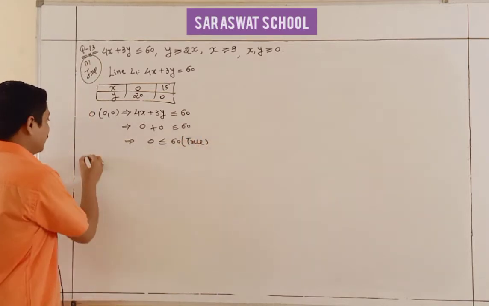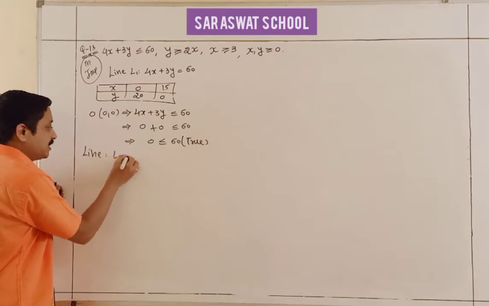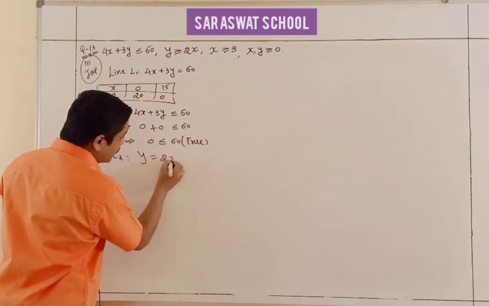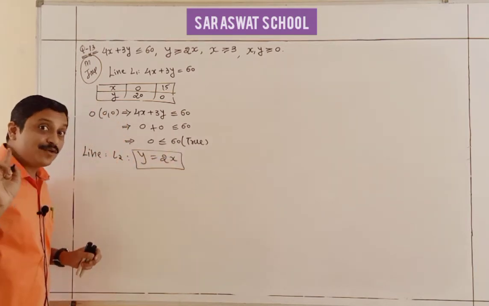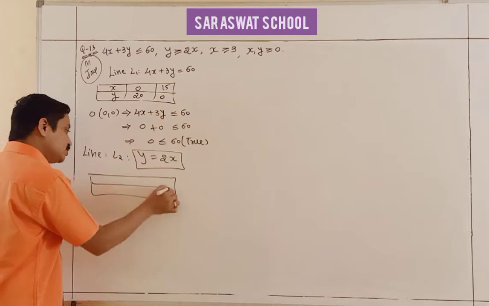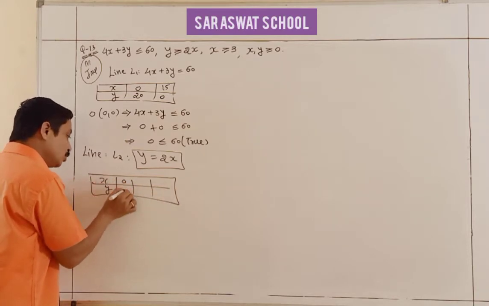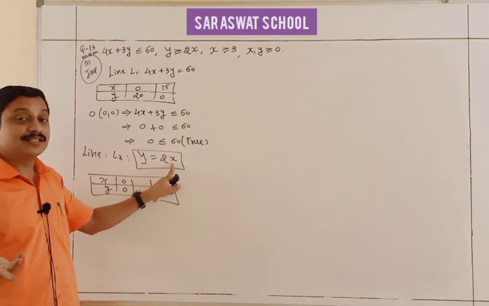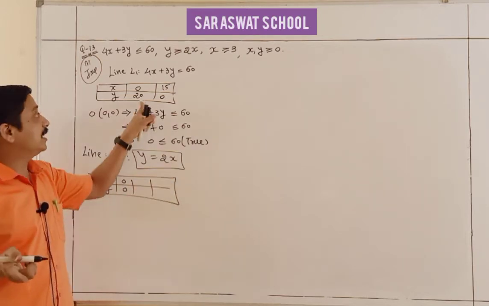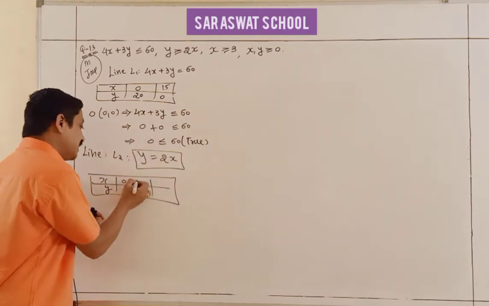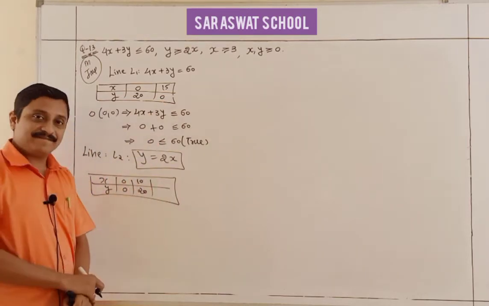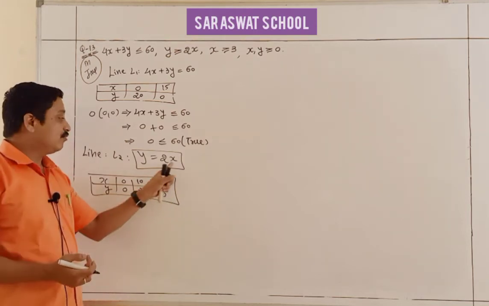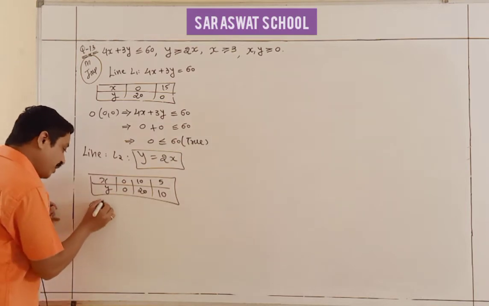Now line L2. Students, line L2 is according to the second inequality. Y is equal to 2x, and that's the main inequality. Here, applying x = 0, definitely getting y = 0. Other numbers you must check related to this. Here I just apply x = 10, y = 20. Yes, if you apply x = 5, y is 10. And I just verify with the origin.